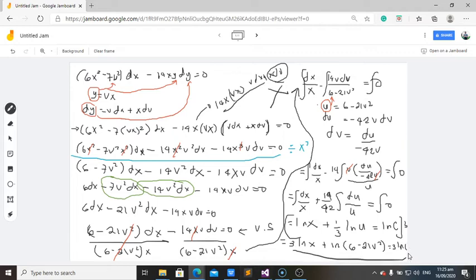So we arrive with this one. So let's recall that one kay mag-clear na ko og screen. Okay, 3 ln x.